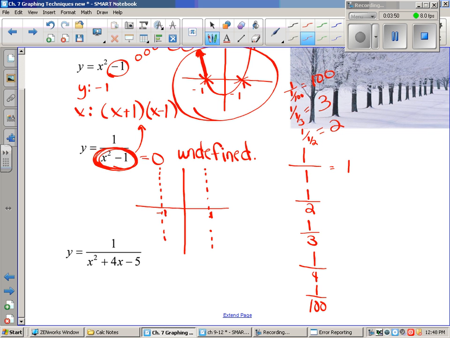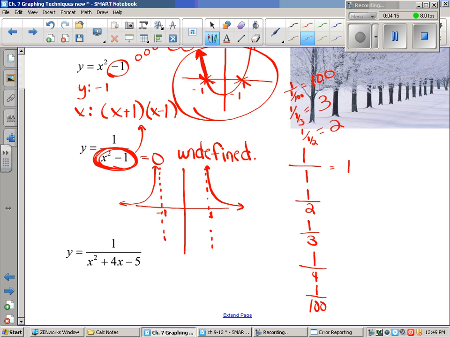So the closer to that intercept, it actually is going higher. But the further away, and as this continues to go up, it gets incredibly small and closer to 0. And the same holds true, not just on the negative side, but also on the positive side. It will do the same thing.